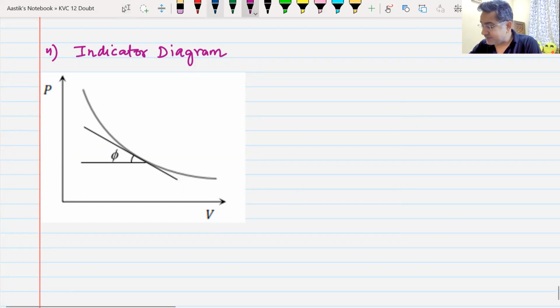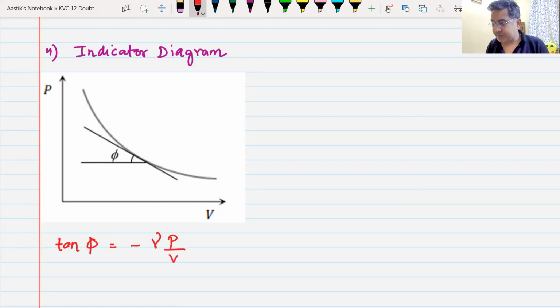The tan of this phi is, and remember this, minus gamma times P by V. So the slope of this graph is gamma times more than the isothermal graph. Please remember this, my dear friends. Slope is gamma times.